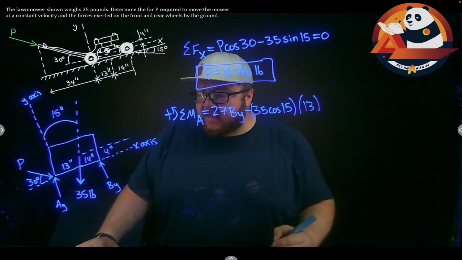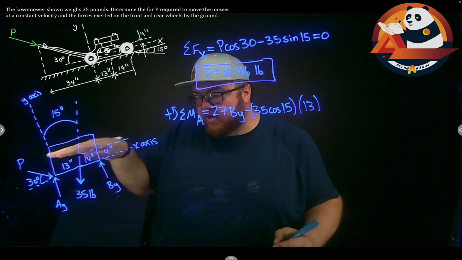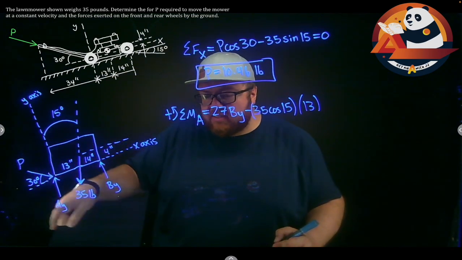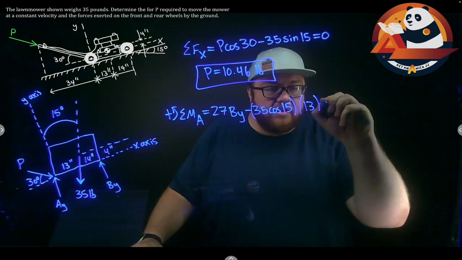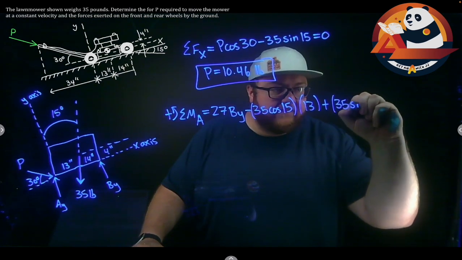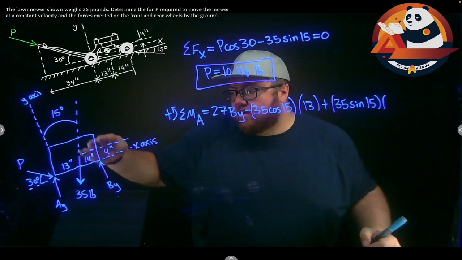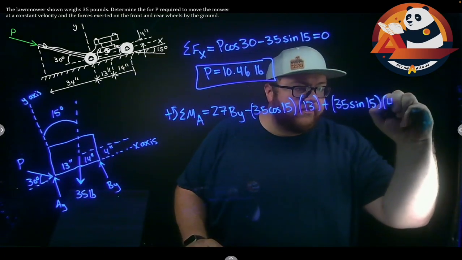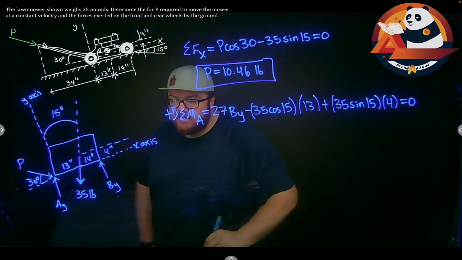And then finally, we can get our X component in here. That X component will be up above the ground, pointing down and to the left, going in the negative X direction. That will cause a counterclockwise rotation about A. So we'll add that in. Plus 35 sine 15 times my vertical distance in the Y direction, which is 4 inches, times 4, equals 0.